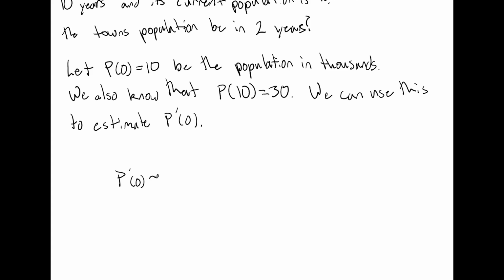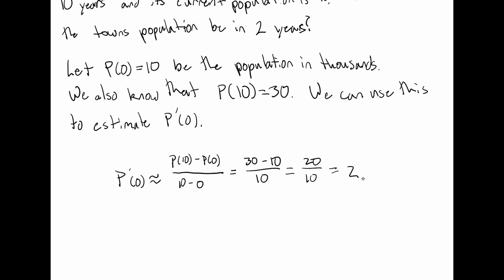P prime of 0 is approximately equal to p of 10 minus p of 0, over 10 minus 0, which gives me 30 minus 10 over 10. So 30 minus 10 gives me 20 over 10, which is 2.